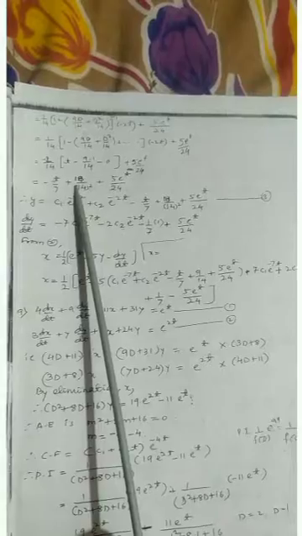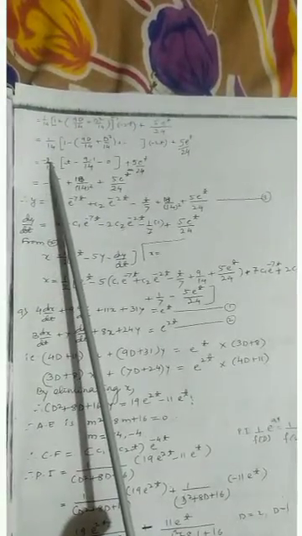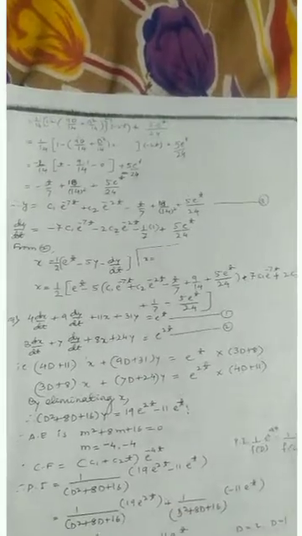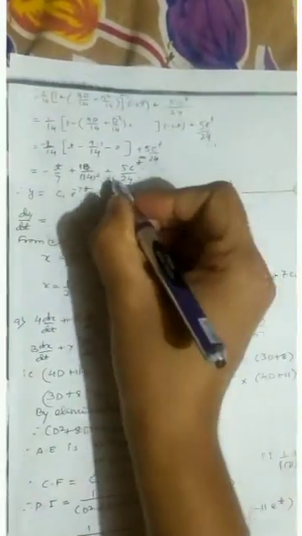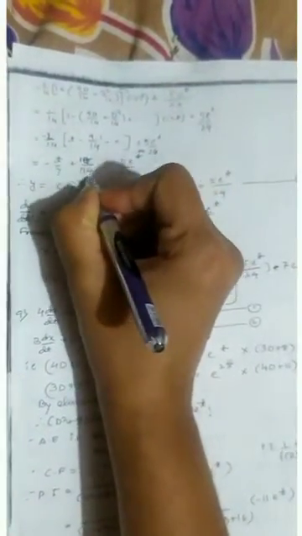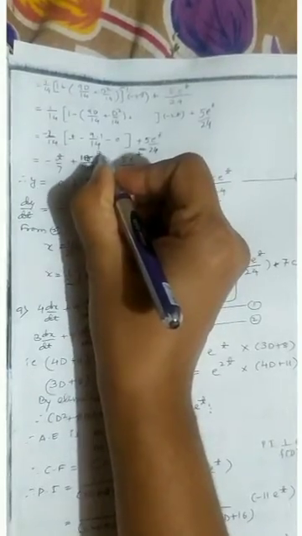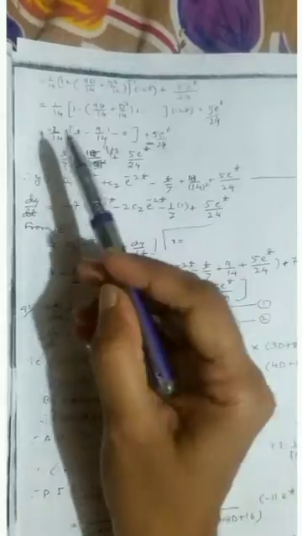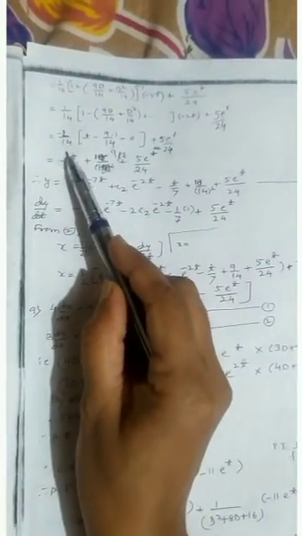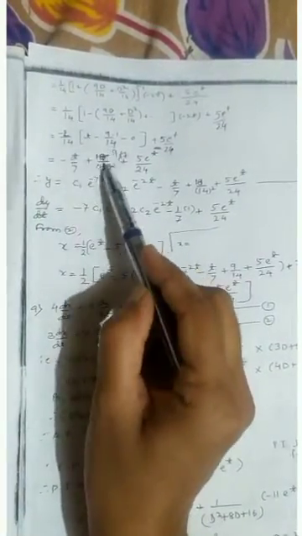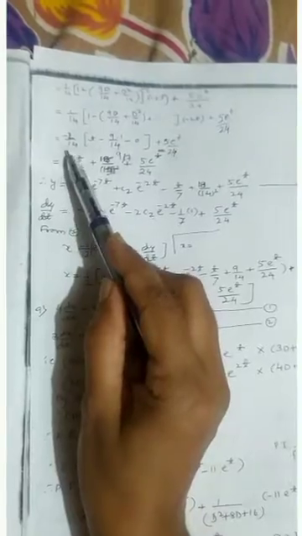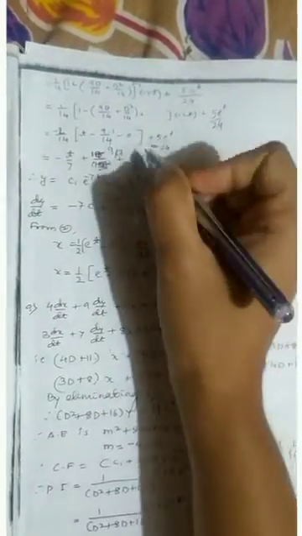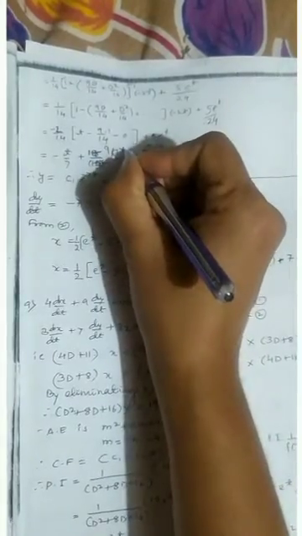Here we get 9 by 14 into 7, because here it's minus 1 by 7, multiplied by minus minus plus gives 9 by 7 into 14.